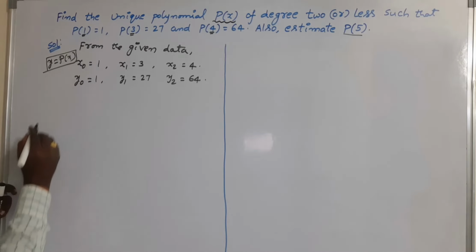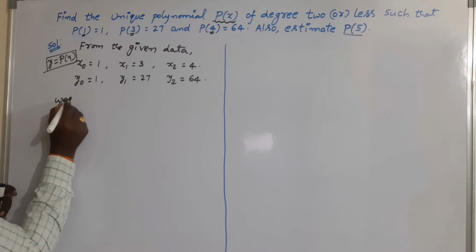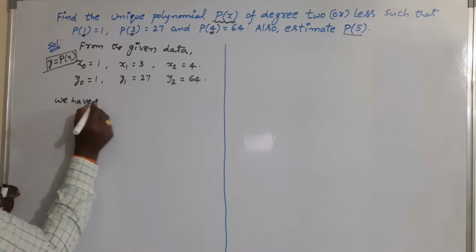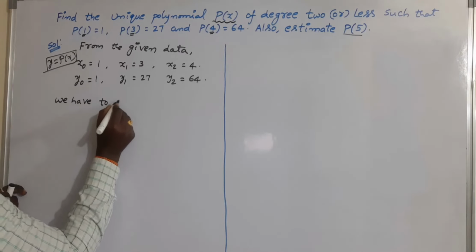Okay, so we have to find a polynomial p of x. Y is equal to p of x in terms of x which satisfies the given data.